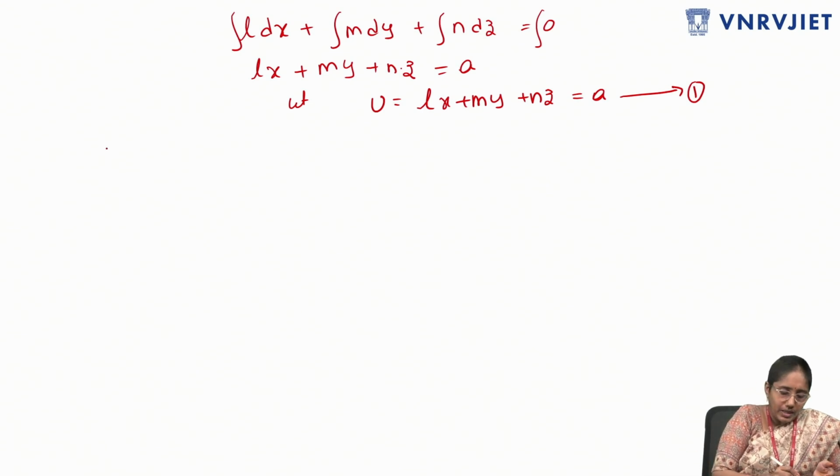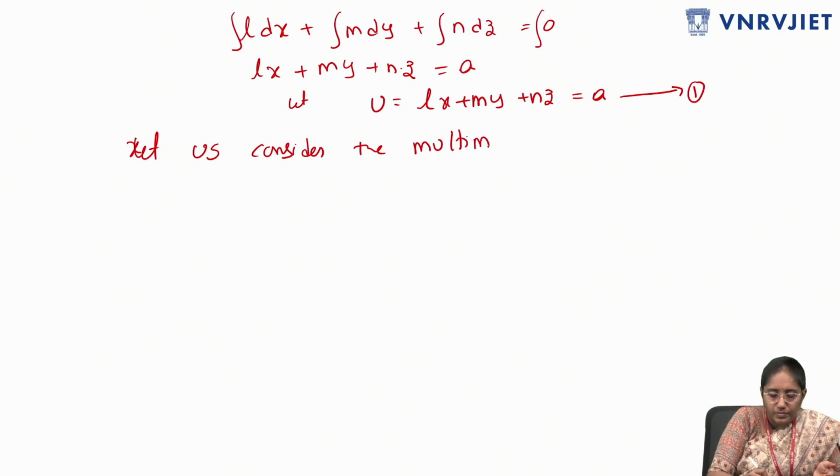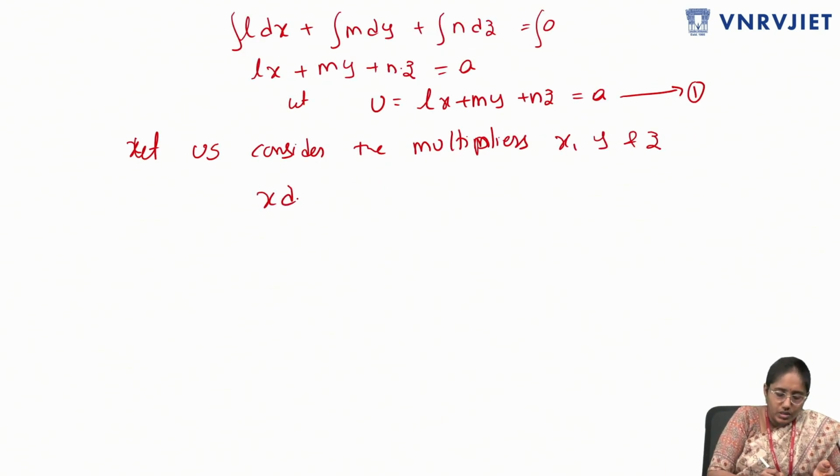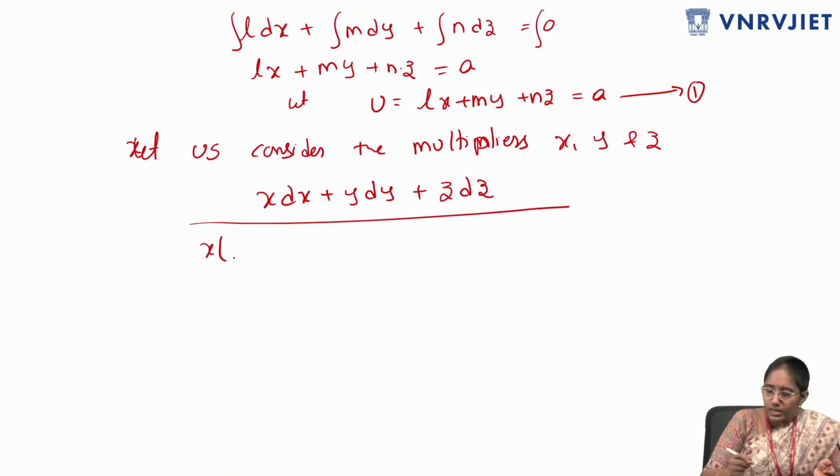If I consider the multipliers as x, y and z, that is x dx plus y dy plus z dz by x times of, plus y times of, plus z times of.